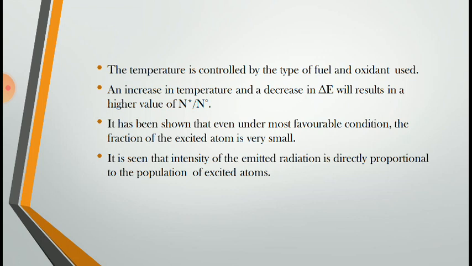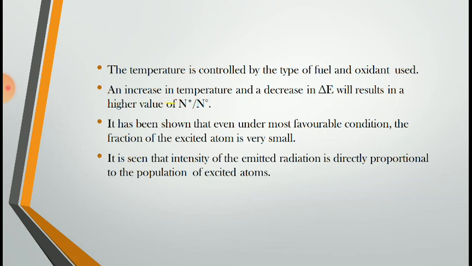The temperature is controlled by the type of fuel and oxidant used. That means the temperature of the flame we can control with the help of the fuel and oxidant used for burning the flame.